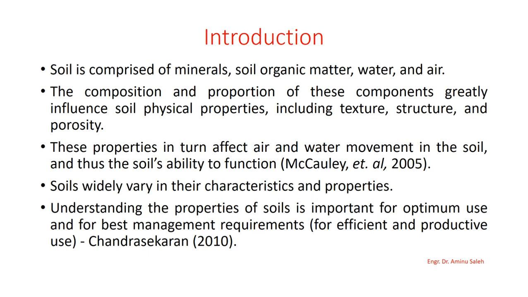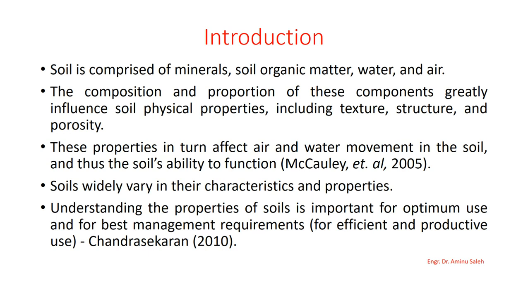We see that soil comprises of mineral, soil organic matter, water and air. This composition greatly influences the physical properties of the soil, such as texture, structure, and porosity. And the properties in turn affect water and air movement into the soil, and therefore determine the ability of the soil to function agriculturally.